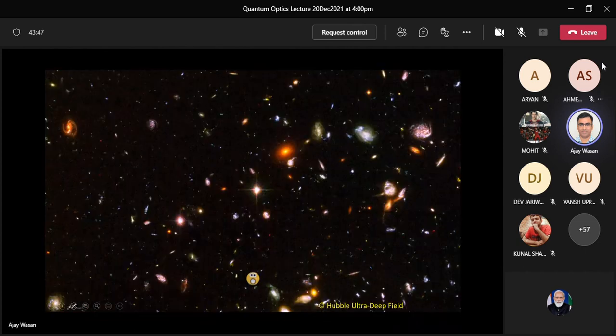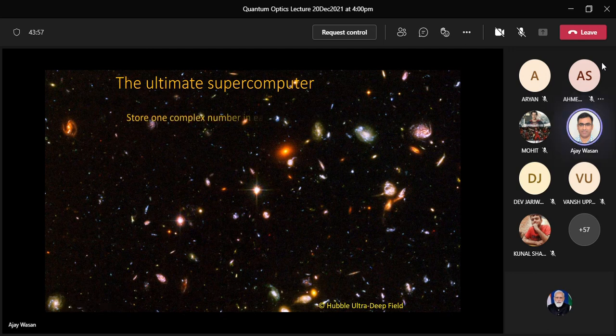Okay, I would like to give you a few more things. The ultimate supercomputer: suppose we store one complex number in each atom, then you need 10 to the power 80 atoms, the number of atoms in the visible universe.